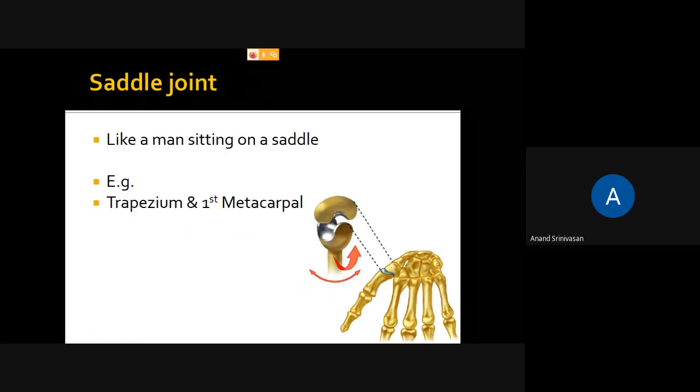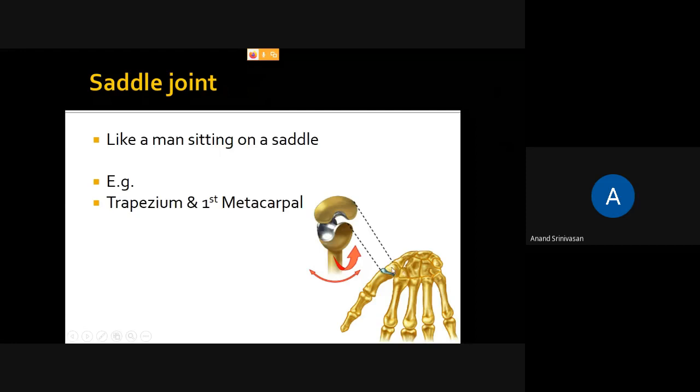The next one is the saddle joint. The saddle joint is just like a horse saddle. On the back of the horse, a person sits using a saddle, right? Here also it looks like a saddle, and on top of it there will be a bone. Example: between the trapezium and the first metacarpal.